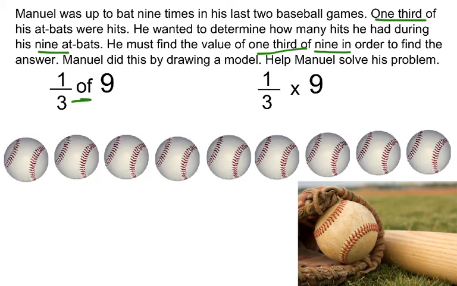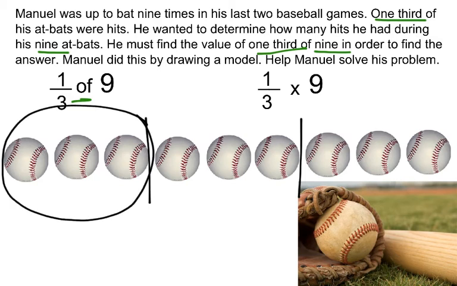So we can see Manuel has drawn 9 baseballs. Those are his at-bats. And we can see that he needs to figure out what 1/3 of those at-bats would be. Well, if we divide these into 3 equal sections, we can then see that 1 out of those 3 would be 3.